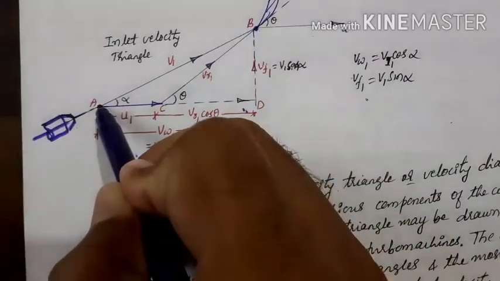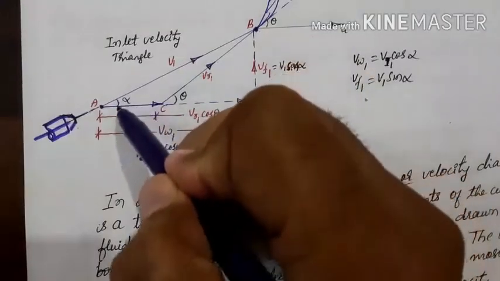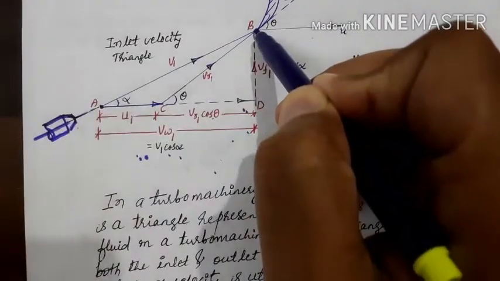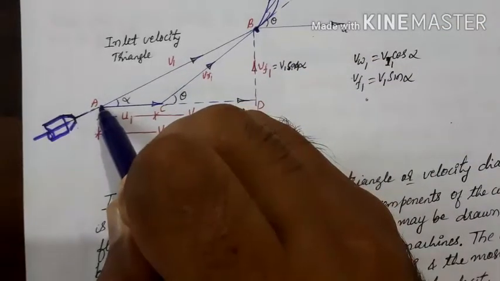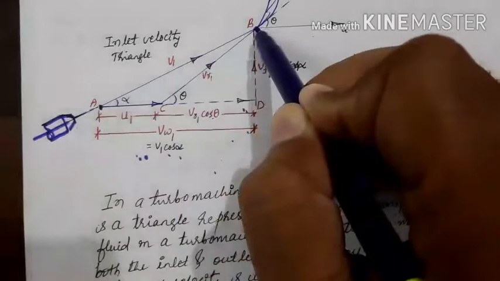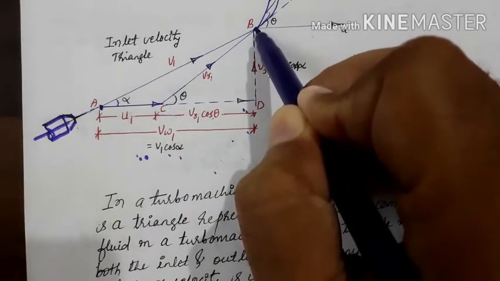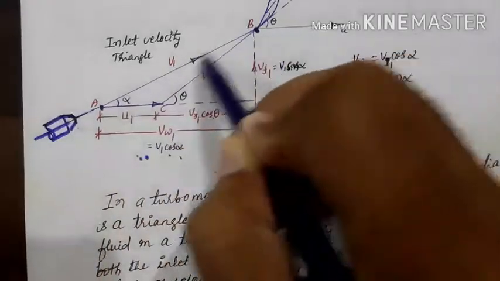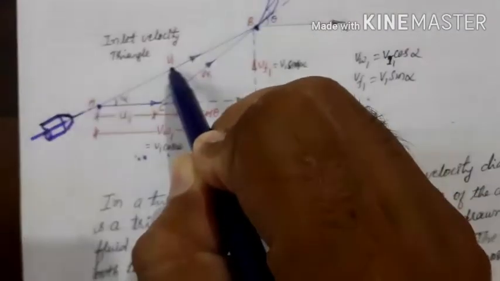Take a point A and draw a line AB, and you mark B at the tip of the vane. And this AB line should have a magnitude of V1.